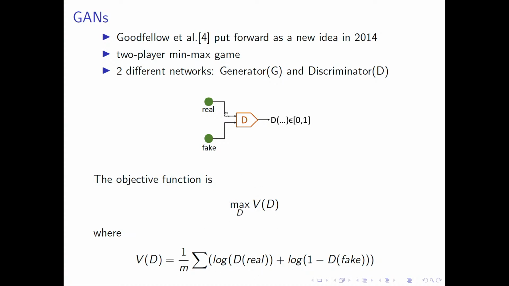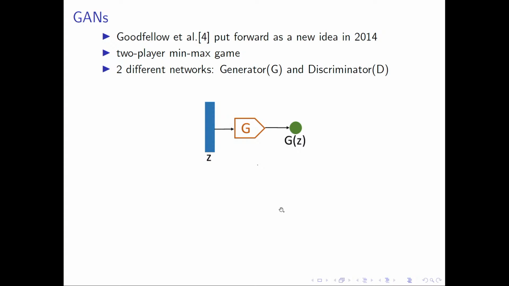When it receives data from the real data set, it wants to maximize D of real data. On the other hand, if it takes x from the fake data set, it wants to minimize D of fake data. Since the output is between 0 and 1, it wants to maximize 1 minus D of fake data. So in general, for this cost function, the mean of this sum, D wants to maximize it.